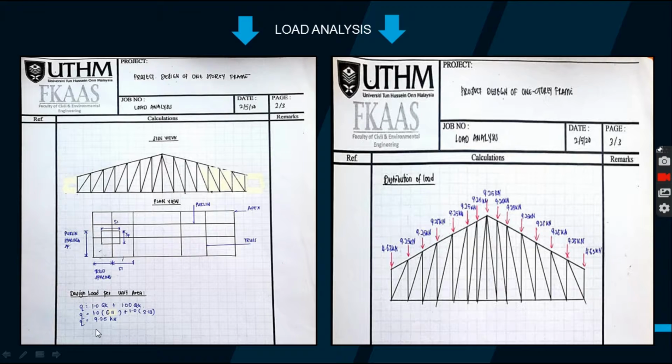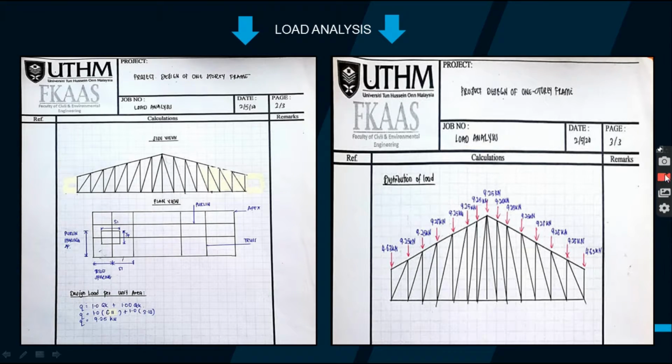So we got the answer is Q 9.25 kN. So we sketch the load distribution of 9.25 kN, and the sides of the right and left truss half of the design load, which is 4.63 kN. So that's all from me.